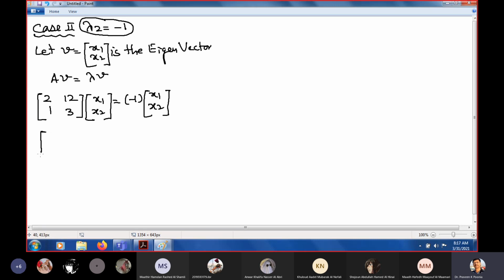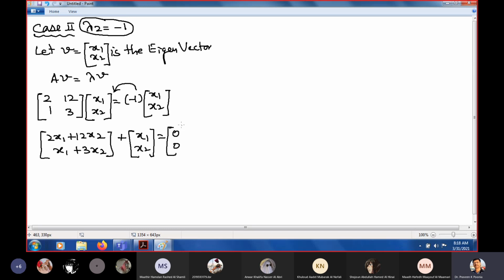Multiply. So 2 into x1 plus 12x2, and x1 plus 3x2. And this minus will change into plus if you take it to this side: plus x1, x2, and equals 0, 0. Simplify this.